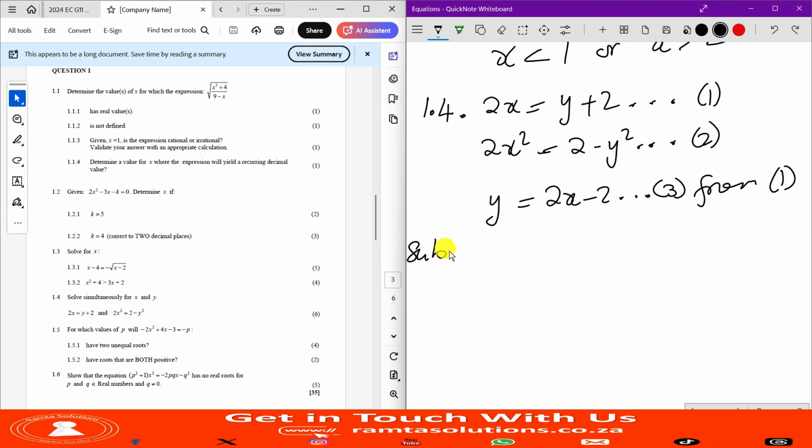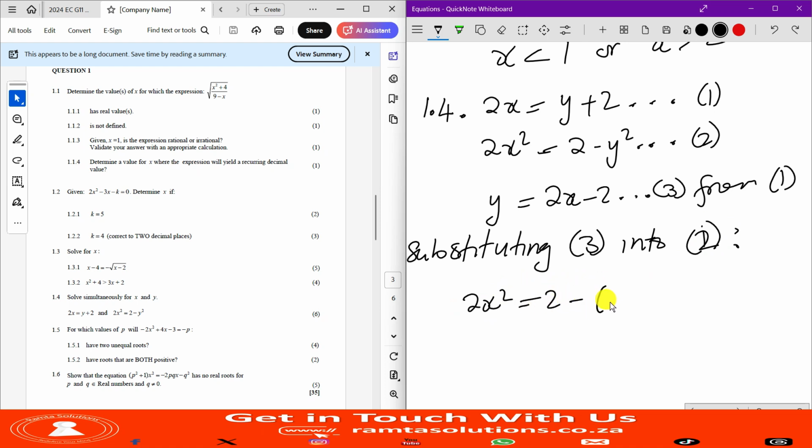Let me write that instruction: substituting equation 3 into equation 2. Then we have 2x squared equals 2 minus, open bracket, 2x minus 2, all squared. Remember, where there's y, you will put equation 3.